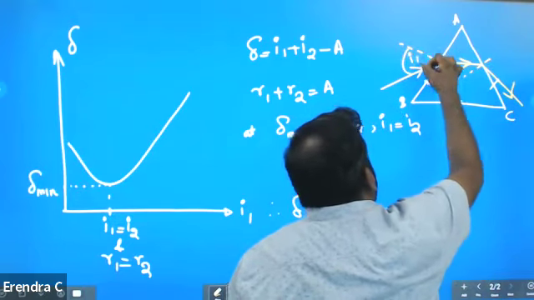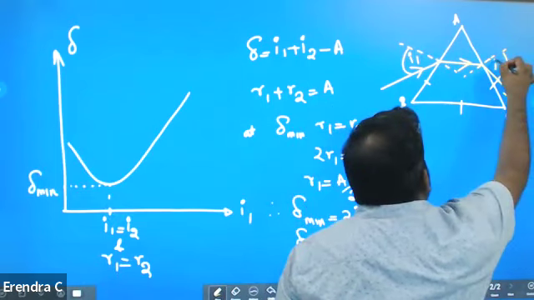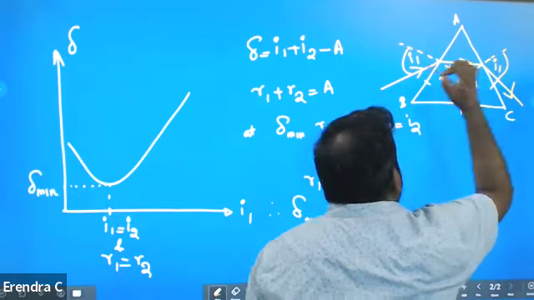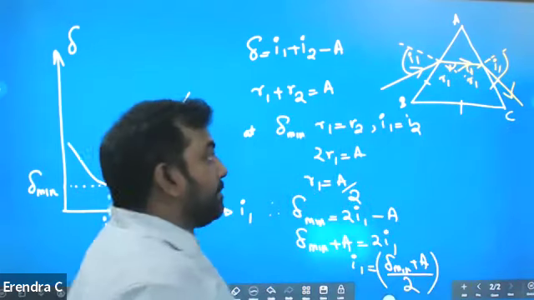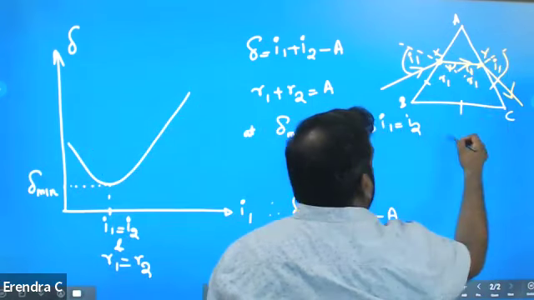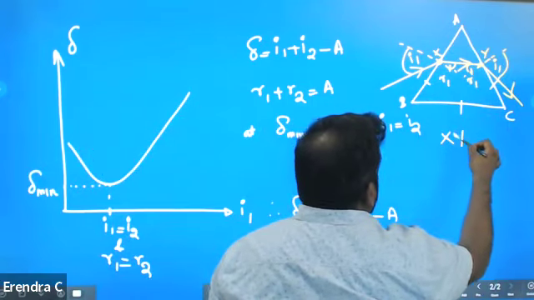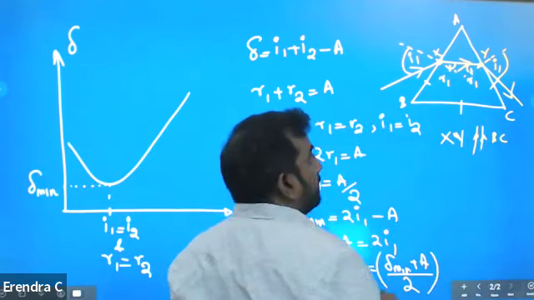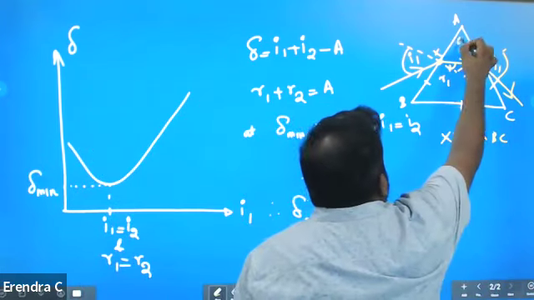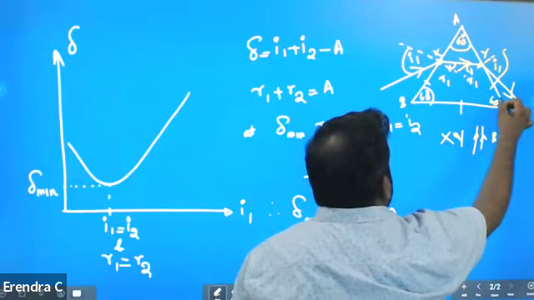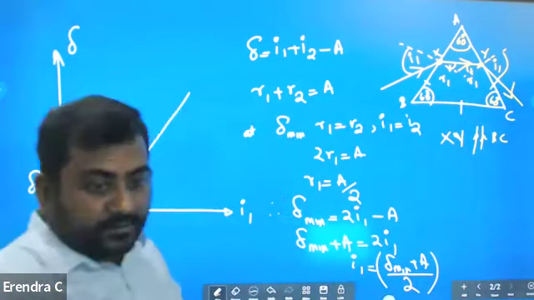So here I1, here also I1, here R1, here also R1. And the best part is, remember this XY is parallel to BC. So if you take the prism here 60, 60, 60, guaranteed this will happen.